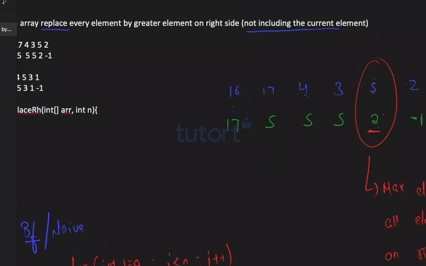Maximum element among all the elements on the right side of 5, like this.